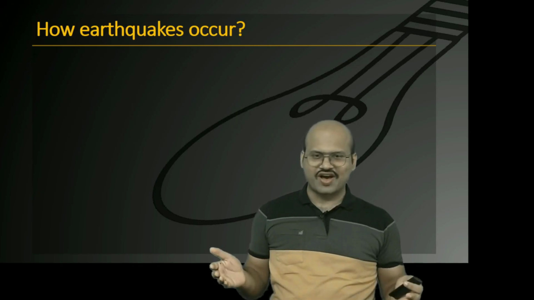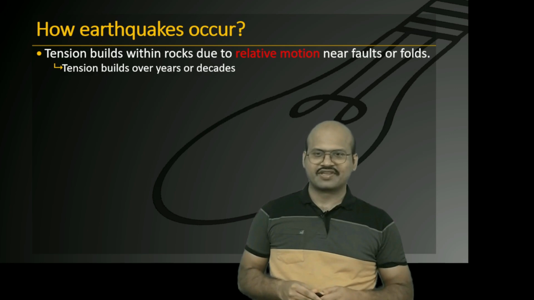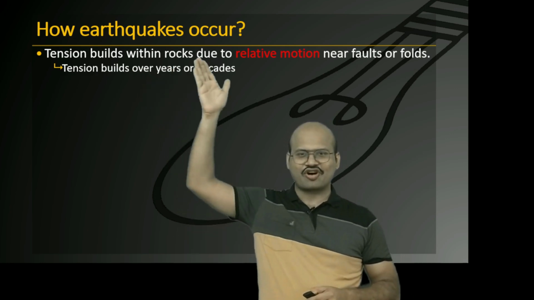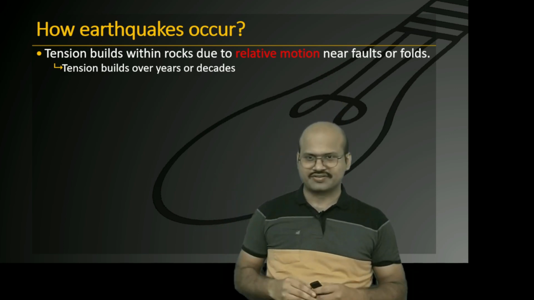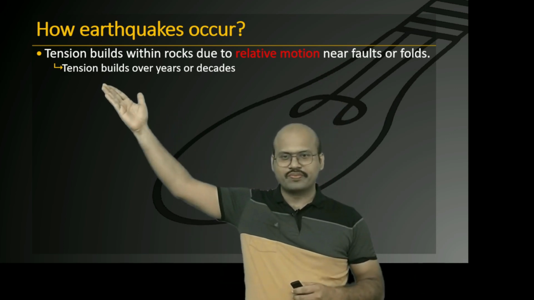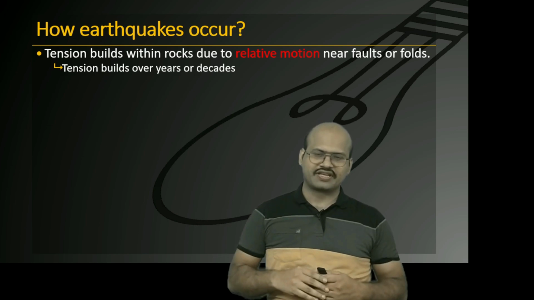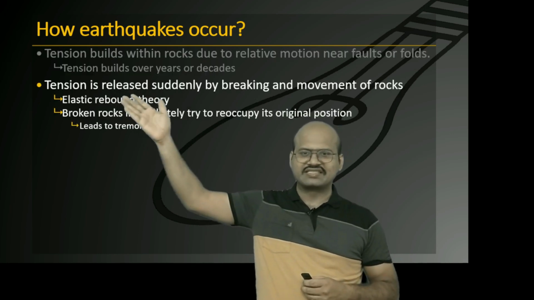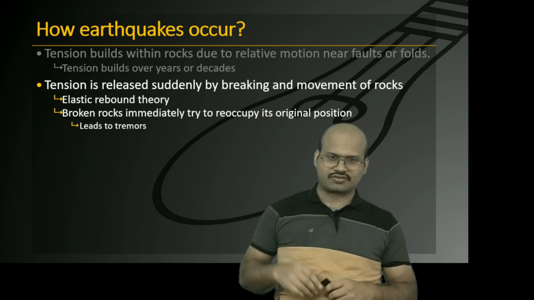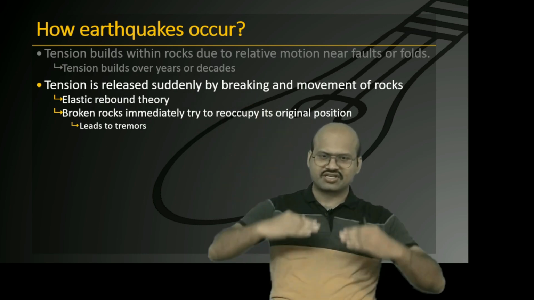Now let's quickly revise how earthquakes occur. Tension builds within the rocks due to relative motion of the plates near faults or boundaries. This tension could build over hundreds of years, in fact thousands of years. Tension is released suddenly by breaking and movement of rocks. So when the tension exceeds the limit, the rock would snap.